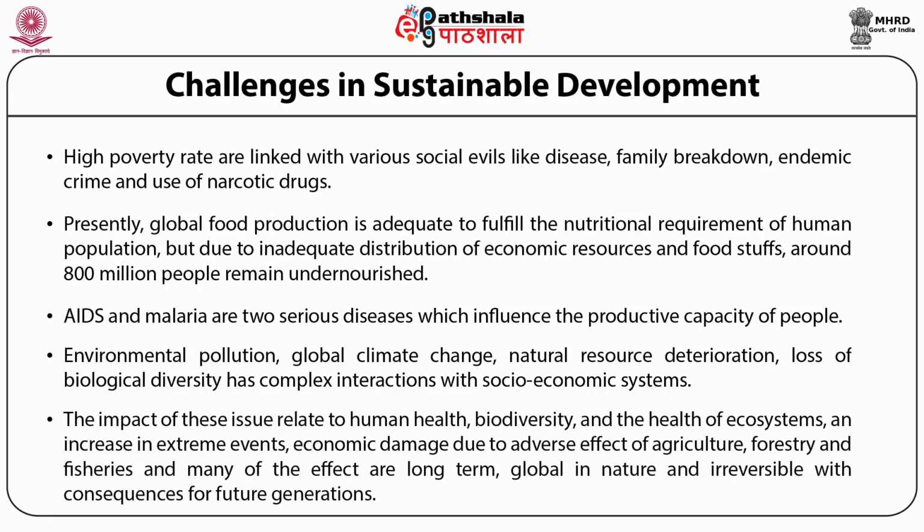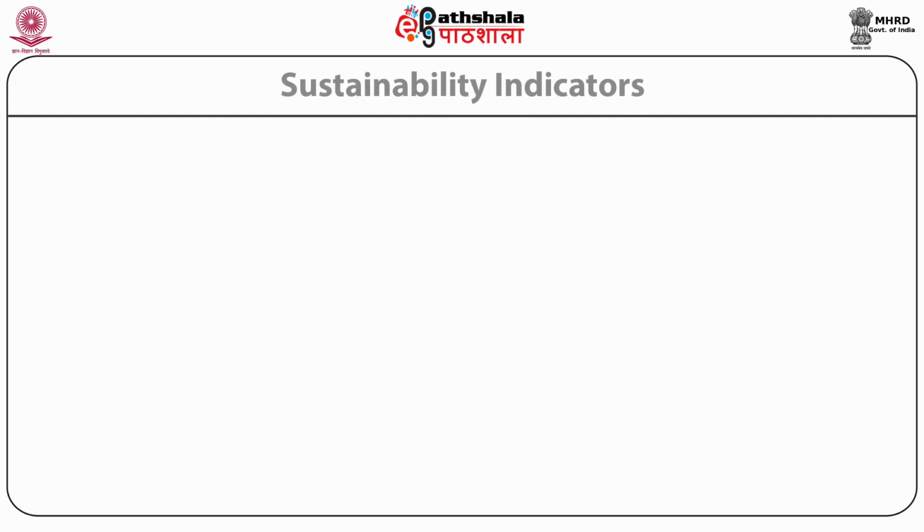The impact of these issues relates to human health, biodiversity, and the health of ecosystems, and increase in extreme events, economic damage due to adverse effects on agriculture, forestry, and fisheries, and many of the effects are long-term, global in nature, and irreversible with consequences for future generations.